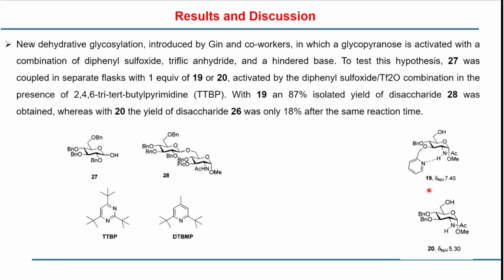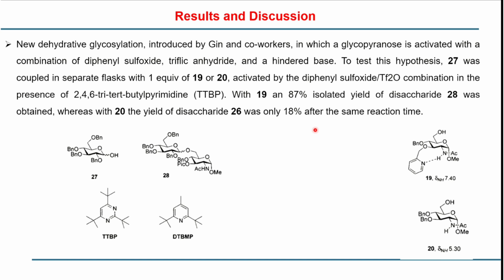And they took the same acceptors 19 and 20. In the case of 19, they got 87% yield, whereas in the case of acceptor 20, they got just 26% yield in the same condition.